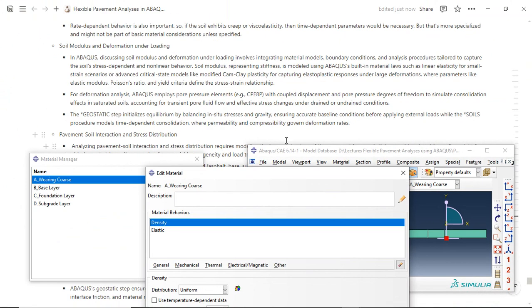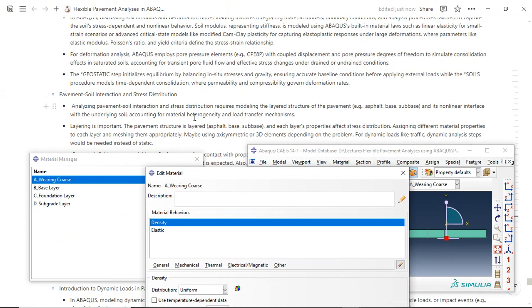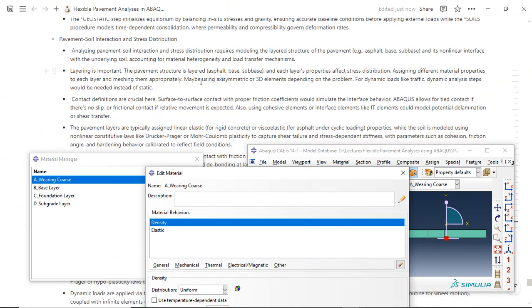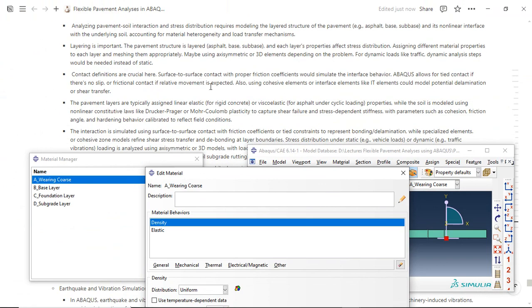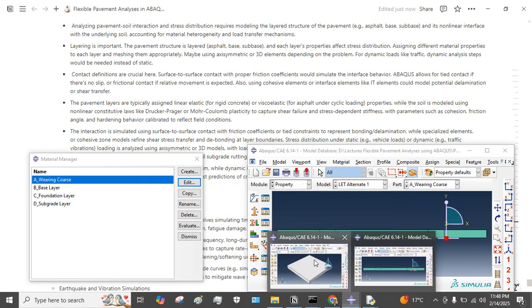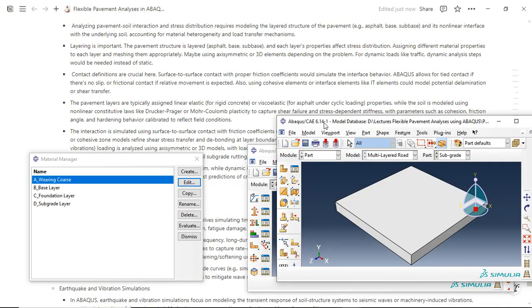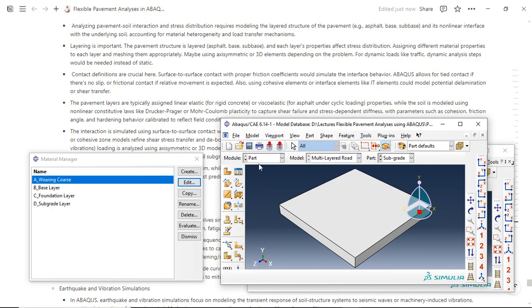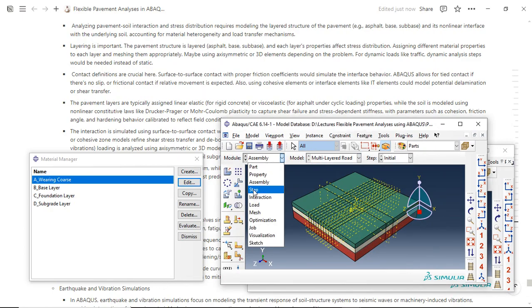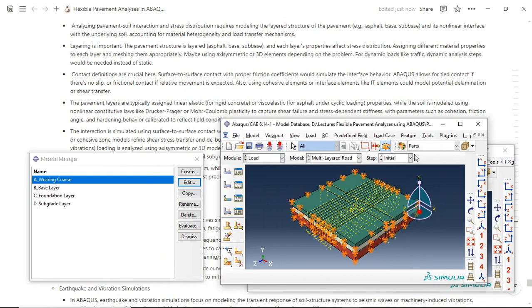Right, and then we have pavement soil interaction and stress distribution, right? For which I need to go to the other model, and in this model, let's suppose I'm using the assembly module, or let's say the load module. I think it's visible here.